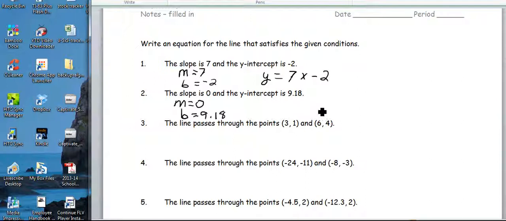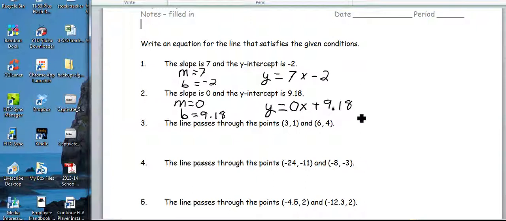So now, I'm going to come over here, and don't write this out just yet. Wait until after I've got this done, because I'm going to be making some changes. But I want you to see why I'm making the changes. So I'm going to write this out as y equals, and then instead of m, I've got 0x, and then my b is plus 9.18. So if I have 0 x's, it just means it's 0.